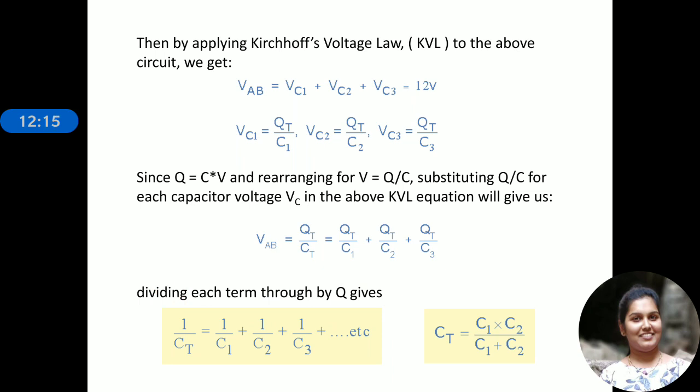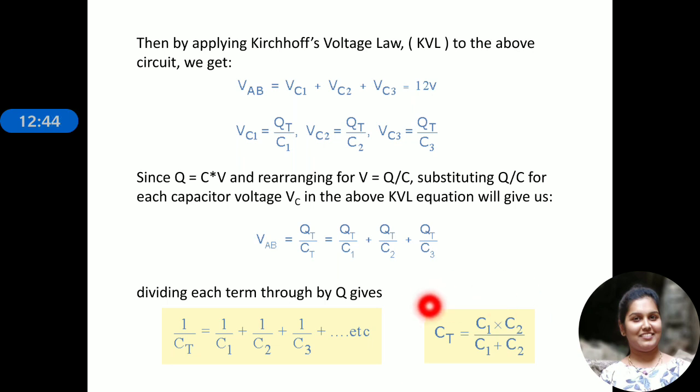That is, when capacitors are connected in series, the total capacitance or the equivalent capacitance will be equal to the reciprocal of the sum of the reciprocals of all the individual capacitances. Okay, so here I have given you another expression for when only two capacitors are connected, not more than two. This expression we can use when only two capacitors are connected in series.